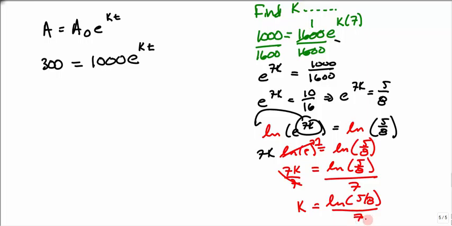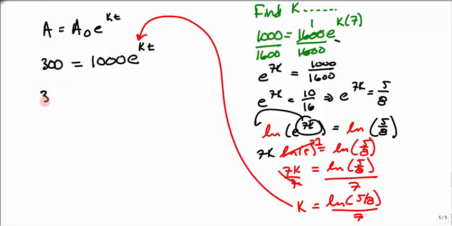I don't want to find a decimal approximation for this. I want to take this and plug it in right there. So I have 300 equals 1,000 e to the k. Now K is equal to the natural log of 5/8 over 7 times t. So now I'm trying to solve for this t.